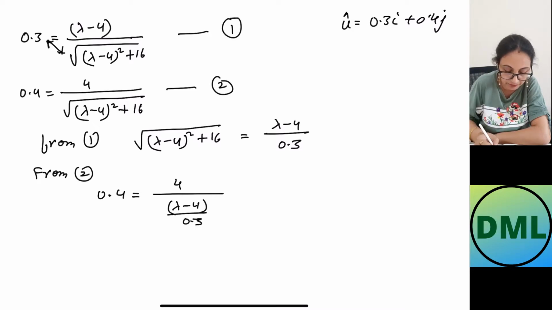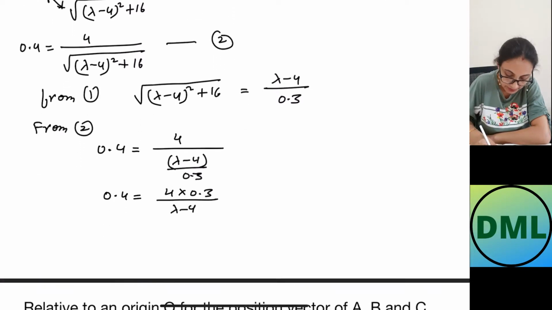I substituted the value in place of the root of (lambda minus 4) the whole squared plus 16. Now I will solve this. So 0.4 will be written as 4 times 0.3 over (lambda minus 4).